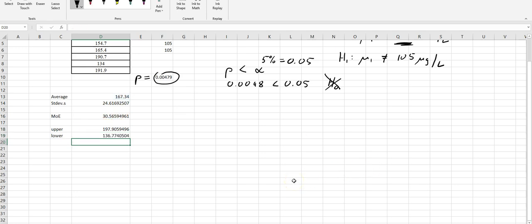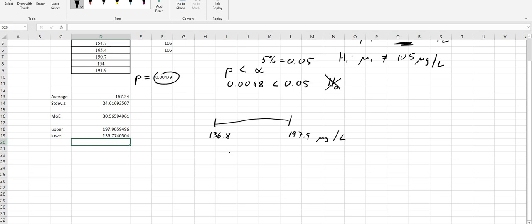So here our 95% confidence interval goes from 136.8 to 197.9 microgram per liter.